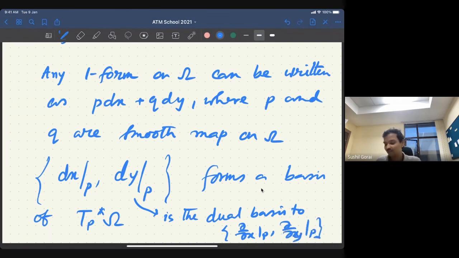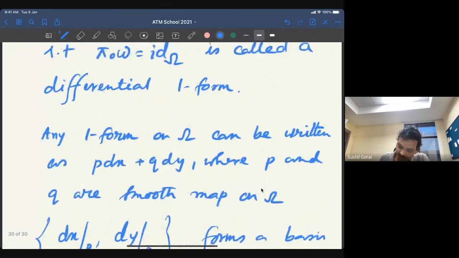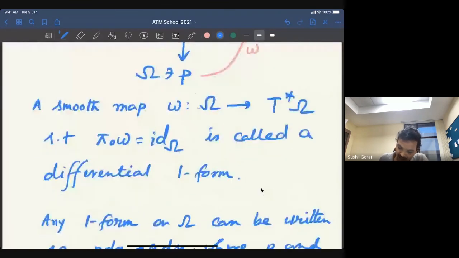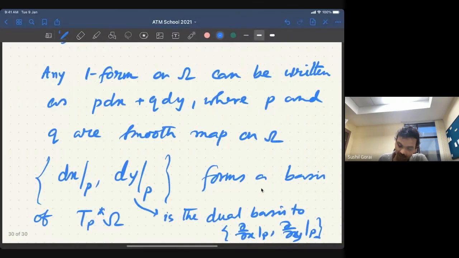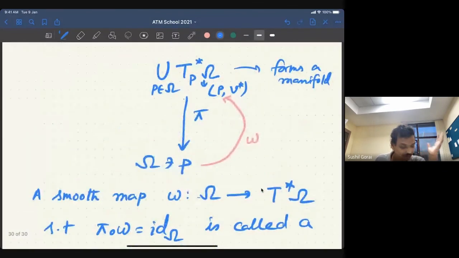Which is the basis for tangent vectors, vector fields. So that's how dx and dy come, and as you move p, this basis would vary continuously. Everything would vary smoothly.